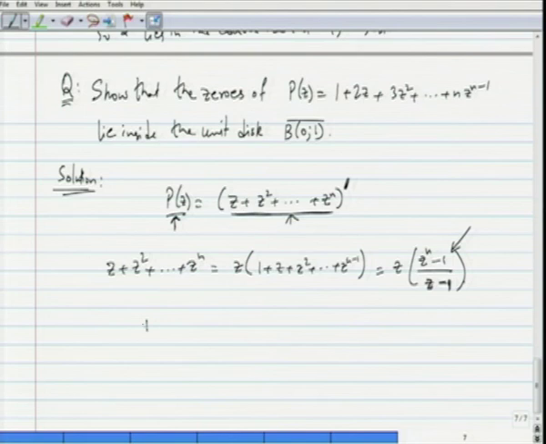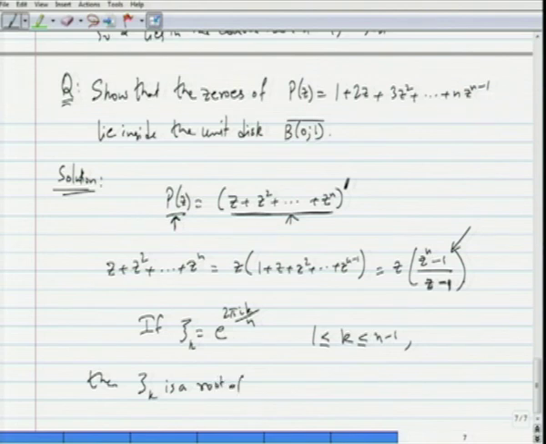Okay. So, if zeta k is equal to e power 2 pi I k by n, okay, 1 less than or equal to k less than or equal to n minus 1, okay, then zeta k is a root of this polynomial z plus z squared plus so on until z power n.